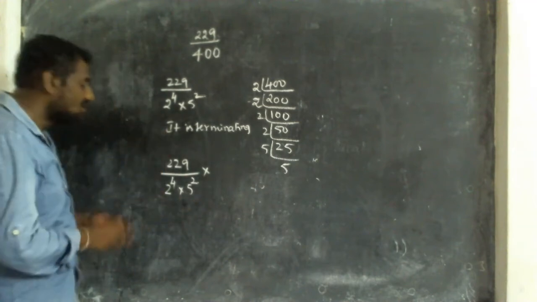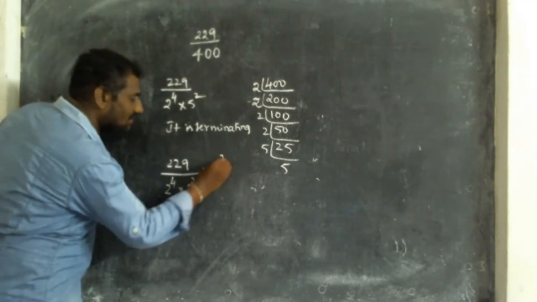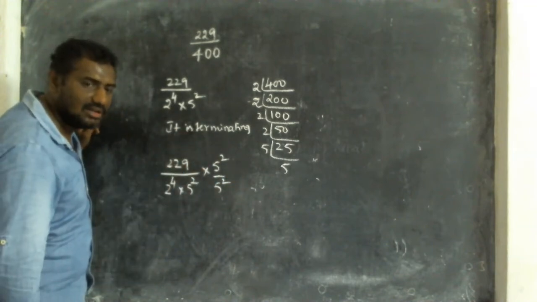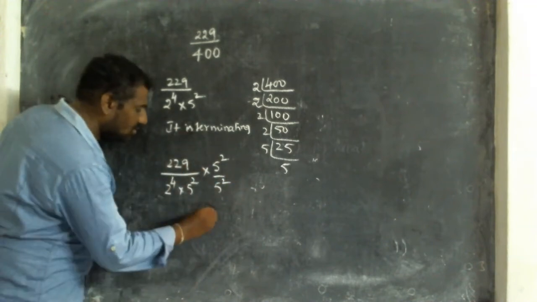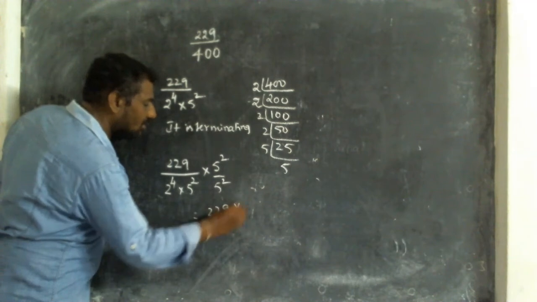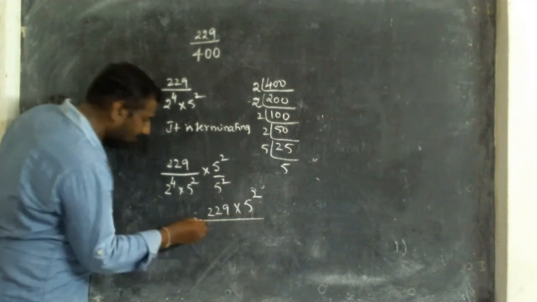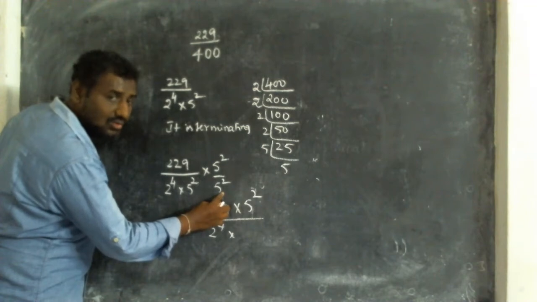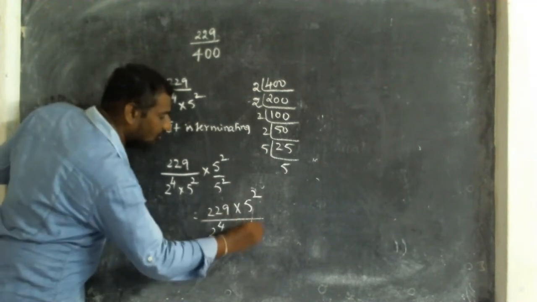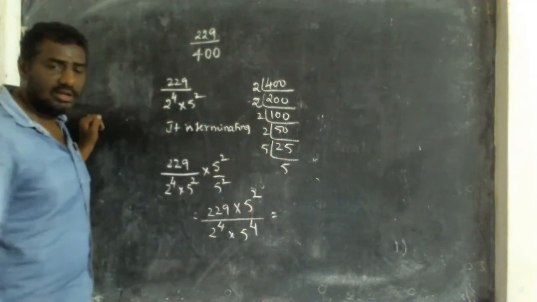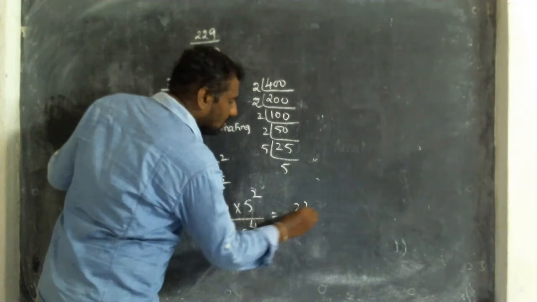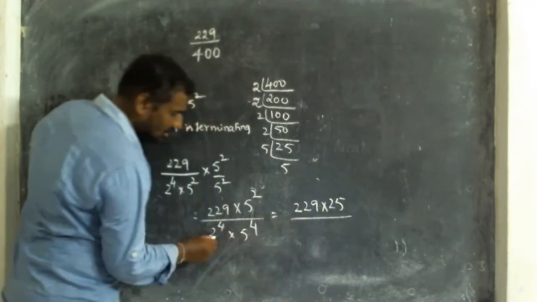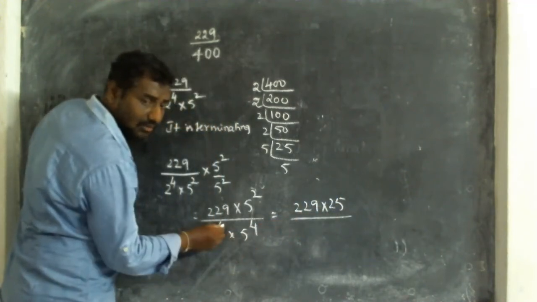So we write 5 square by 5 square. Did you understand, children? Now 229 into 5 square, down 2 power 4 into 5 square, total 4 fives, 5 power 4, so the denominator is 10 power 4.